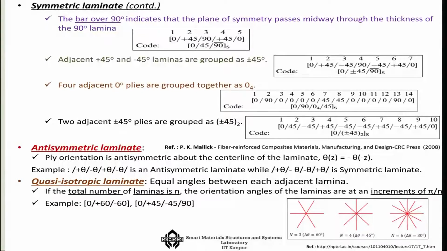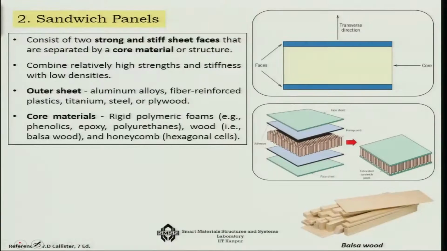So this is known as quasi-isotropic. The reason is that if the stiffness matrix is found out for such material, the in-plane stiffness does not vary with the direction. That's the telltale sign of an isotropic situation, where the properties do not vary with the direction. In this case it happens, but only for the in-plane properties. That's why it is called quasi-isotropic, not fully isotropic.